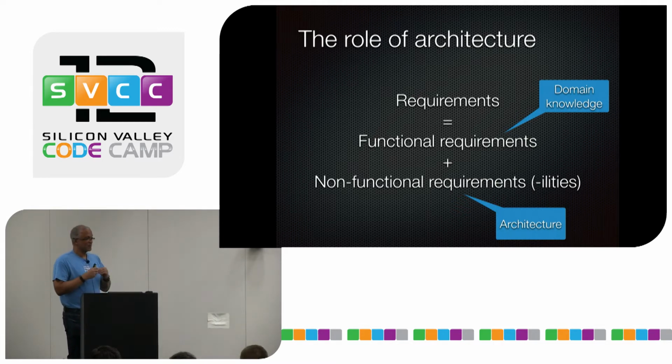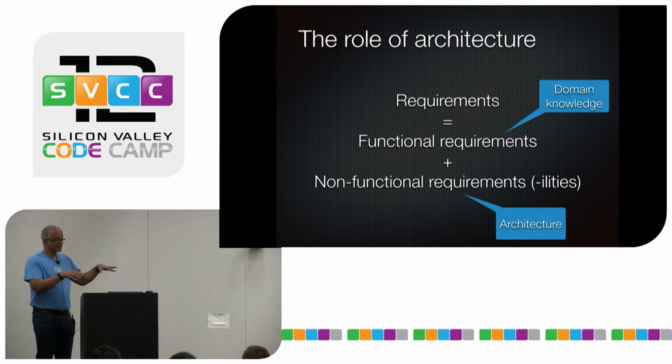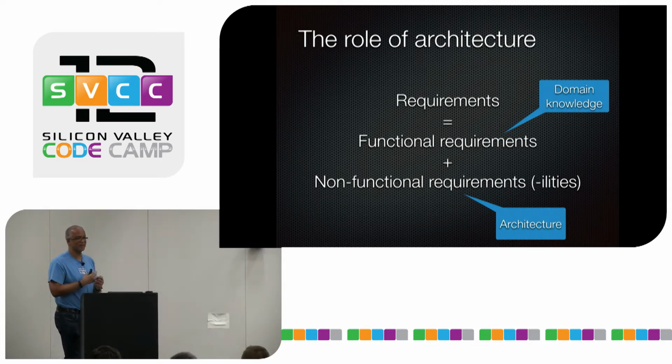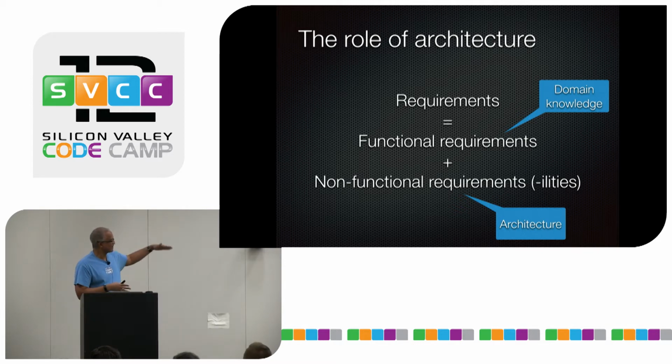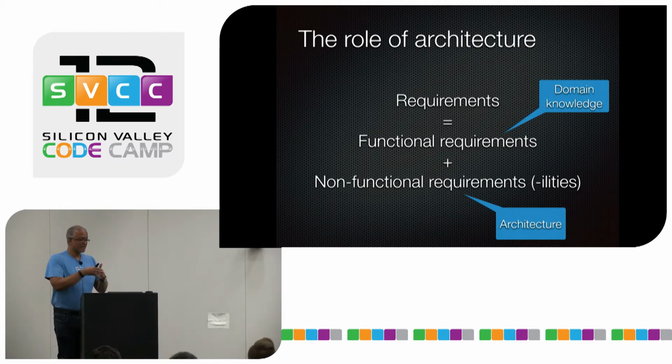And you can often implement those requirements with almost any architecture, even a big ball of mud. In fact, many software systems have degenerated into big balls of mud, and we muddle along and keep implementing new requirements. But it's not much fun, and that leads to the non-functional requirements, or the ilities, or software quality attributes, and those are where architecture matters.